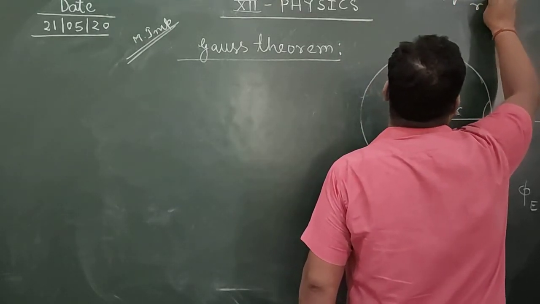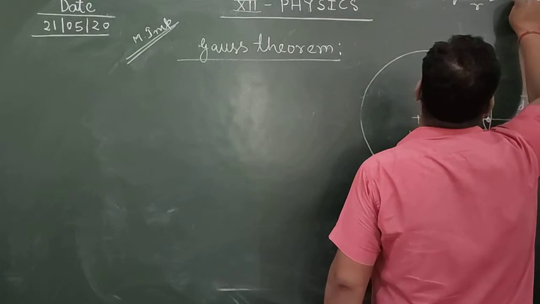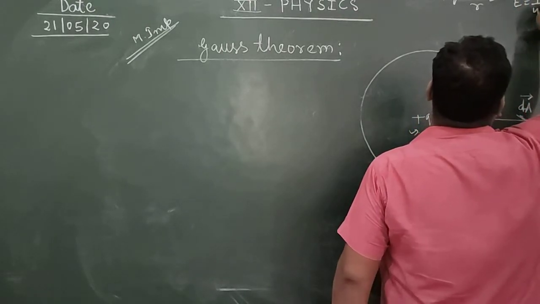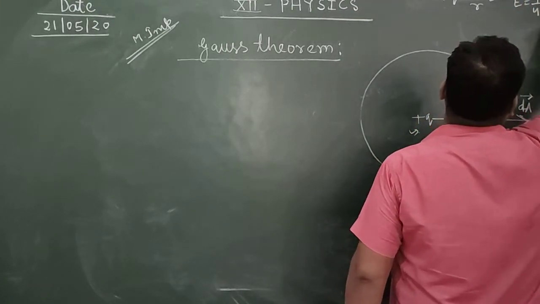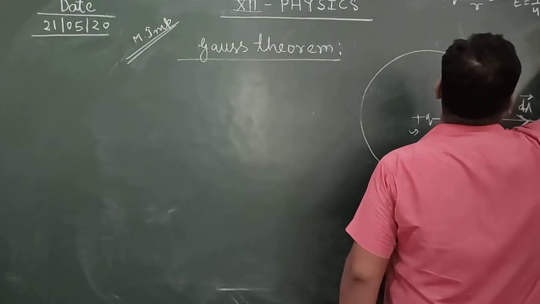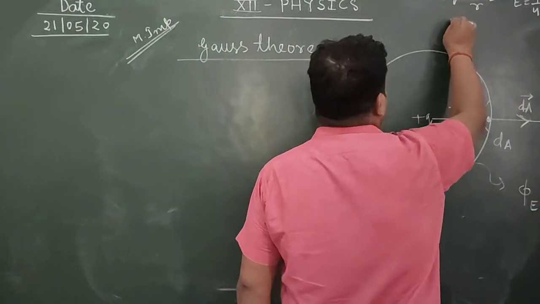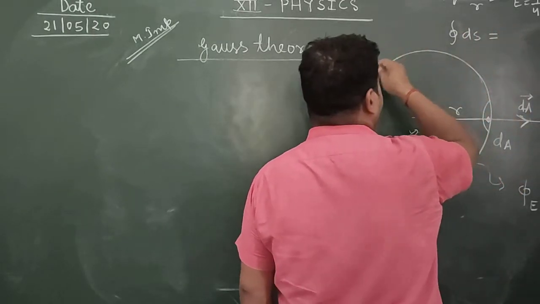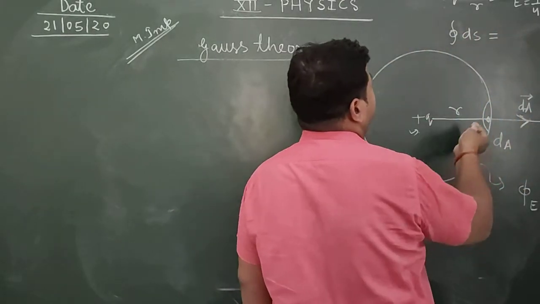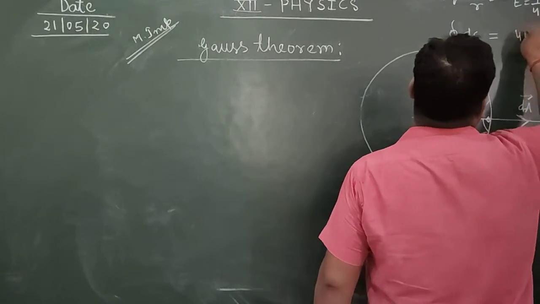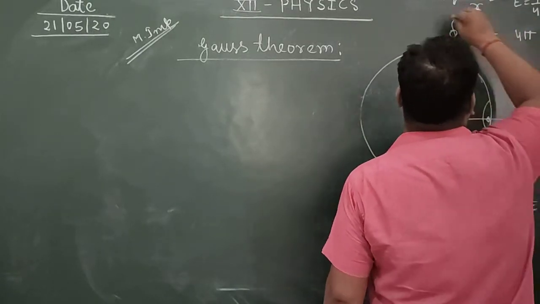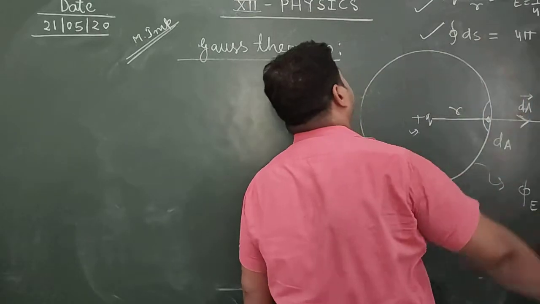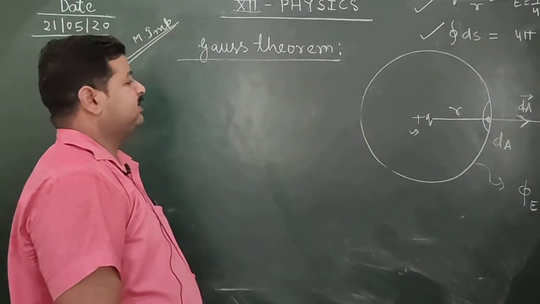And second thing, integration of dS means the total surface area of the sphere, that is always equal to 4 pi r square. This relation is useful for the derivation of Gauss theorem.